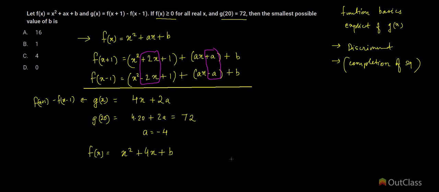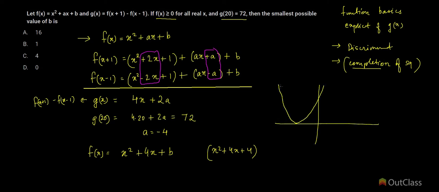That's the question. Now for it to be always non-negative, it has to be a perfect square or something that's more than a perfect square. And using completion of squares, we know that we should have x square plus 4x plus 4. This is a perfect square. What does it look like? It would look like this, because it's x plus 2 the whole square.